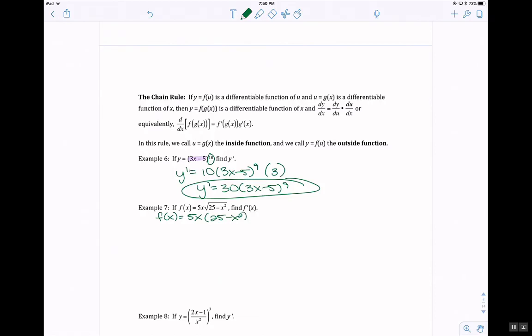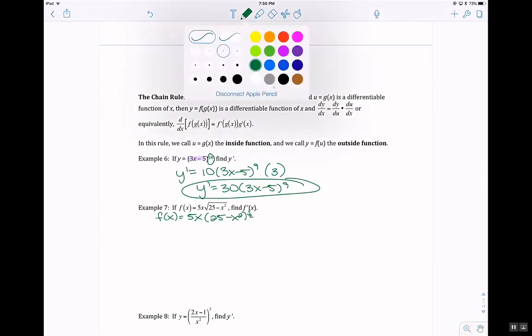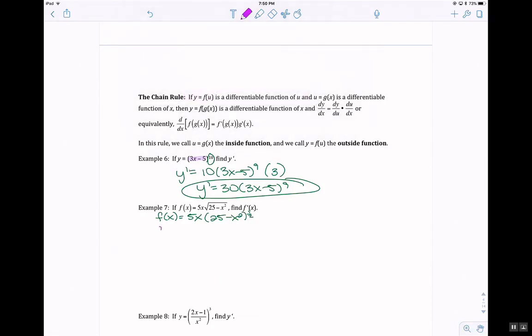So my derivative f prime of x is equal to the second, which is 25 minus x squared to the 1/2, times the derivative of 5x, which is 5, plus 5x, times the derivative of my 25 minus x squared to the 1/2, so bring the 1/2 down, 25 minus x squared to the negative 1/2, times negative 2x.